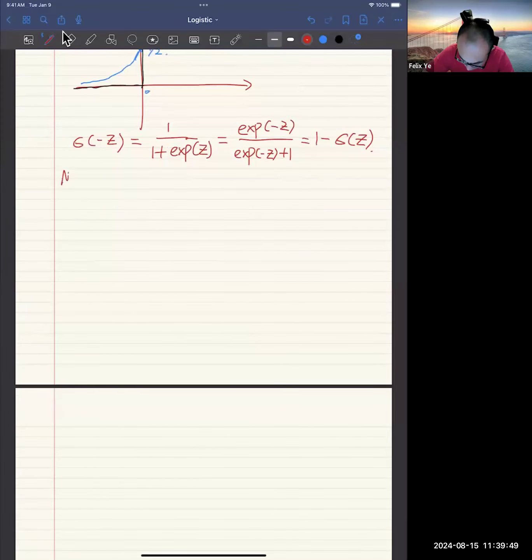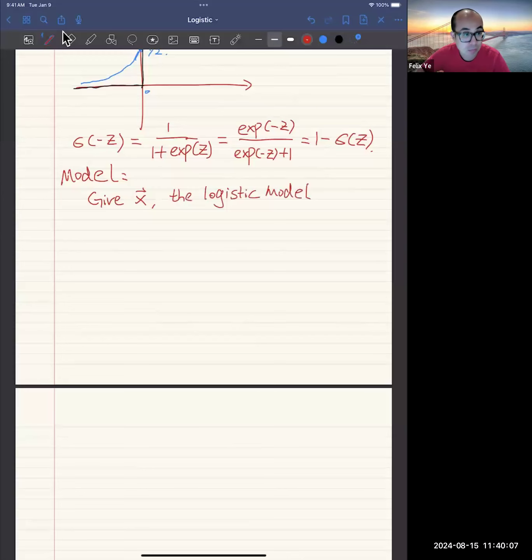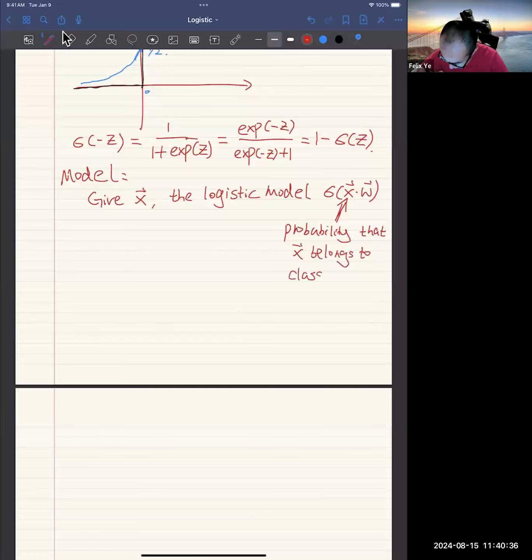So the model is given as follows. If you are given an x, this logistic model, sigma of x w, can be interpreted as the probability that x belongs to class 1. This is very important. What does that mean?